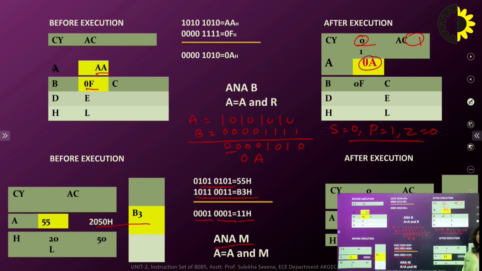So after this operation, the accumulator will contain 11, carry flag will be reset and auxiliary carry will be set. Now I hope you all can calculate the value of the other three flags, sign, zero and parity. Since the MSB is 0, sign is 0; the result is non-zero, so zero flag is 0; and the result contains an even number of ones, so the parity flag will be 1.